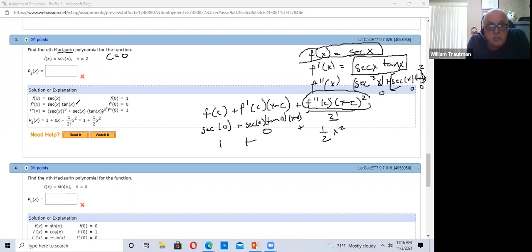And there's our Maclaurin polynomial. And so that just turns to 0. So it's 1 plus 1 over 2 x squared.